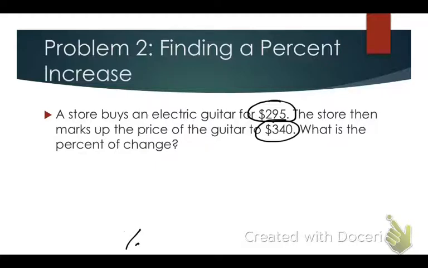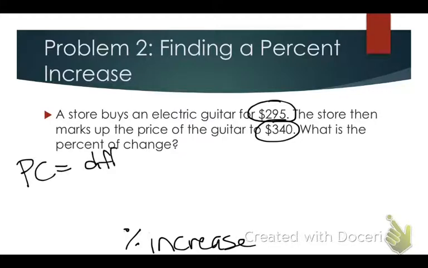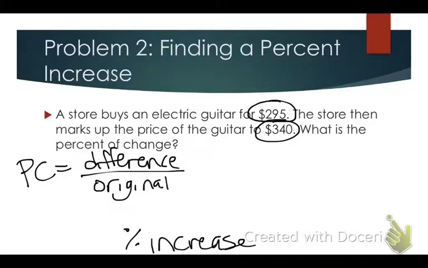So I am going to go ahead and write down that it was a percent increase again so that I don't forget. My formula does not change. The difference between the two divided by the original amount. So the difference between 340 minus 295, and I'm going to divide by the original, and here's where you have to be careful. Which one is the original?